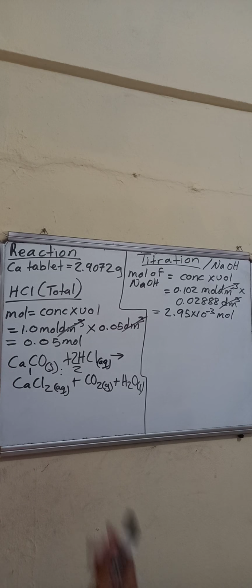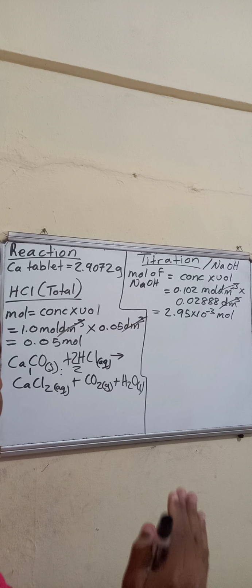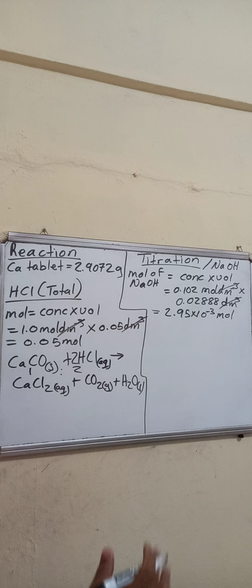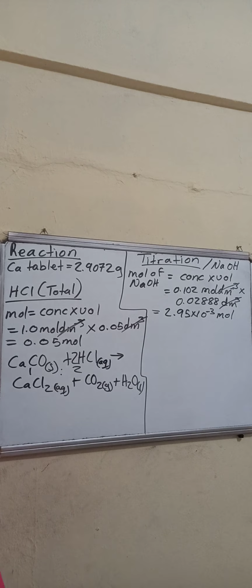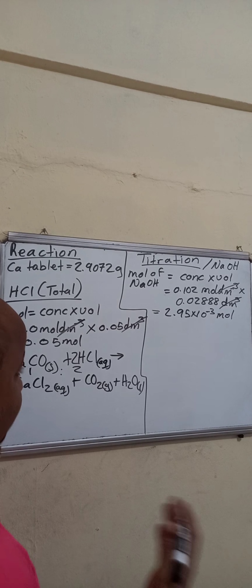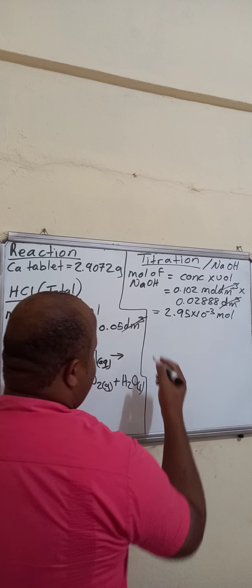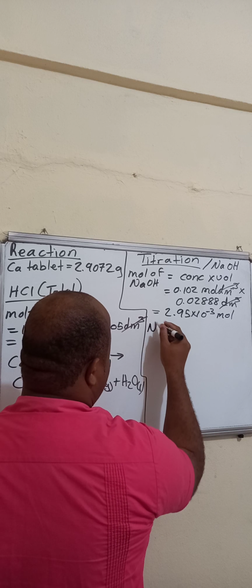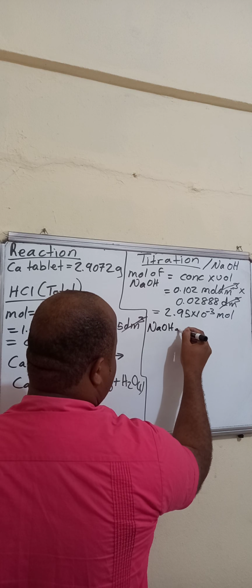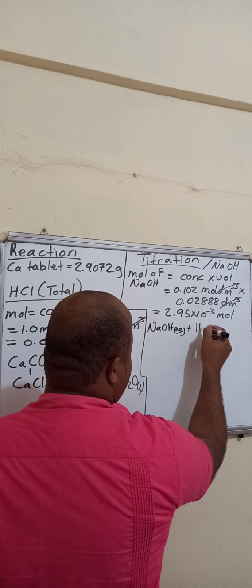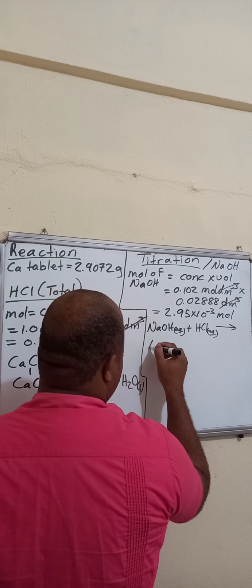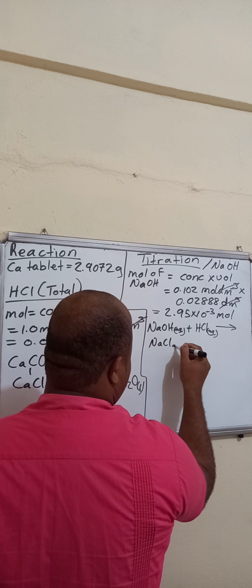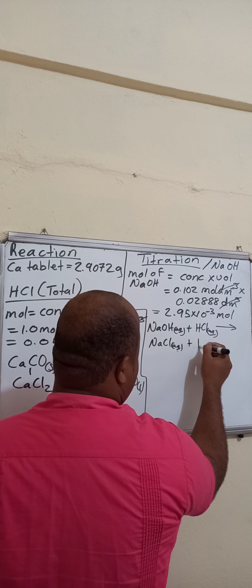And we know that what we are trying to do in the titration is to get the amount of moles of HCl that was unreacted. So once you get the mole of sodium hydroxide, we need to write our equation. So sodium hydroxide reacts with HCl to give us sodium chloride and water.